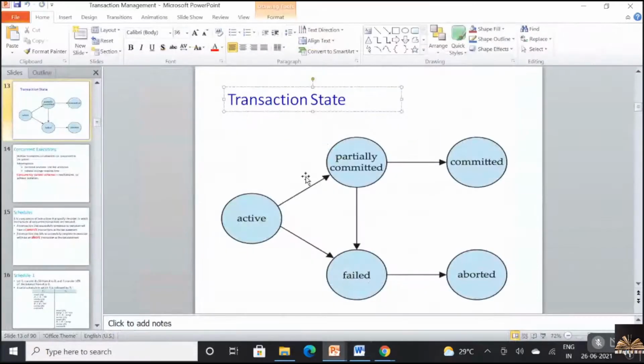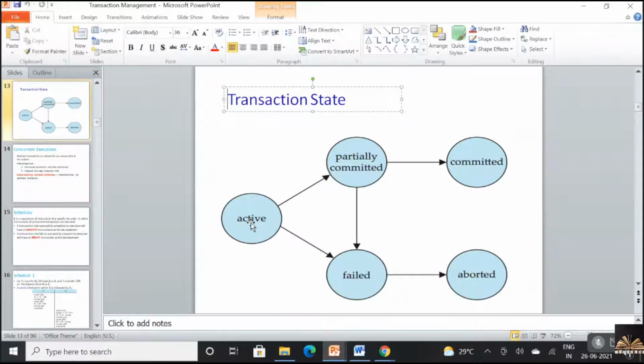The states of transactions are active. Whenever you start working with the transaction, it is in the active state. Whenever you execute the last statement of a transaction, it enters the partially committed state.